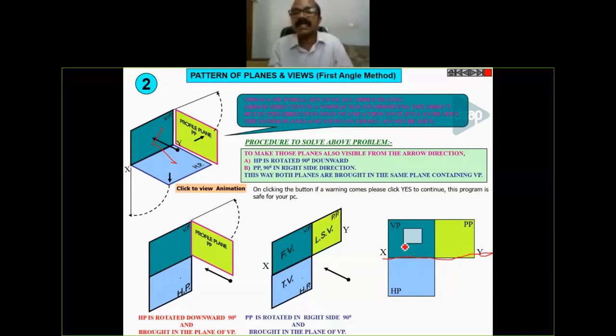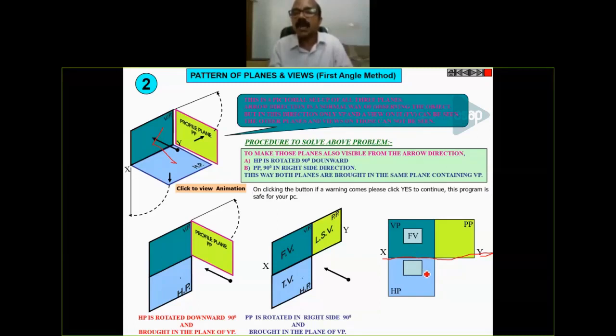Similarly, the top view of this object you also have to represent here by drawing the projection of these points in the horizontal plane, which is below the XY line. You can plot the plan, or we call it top view.